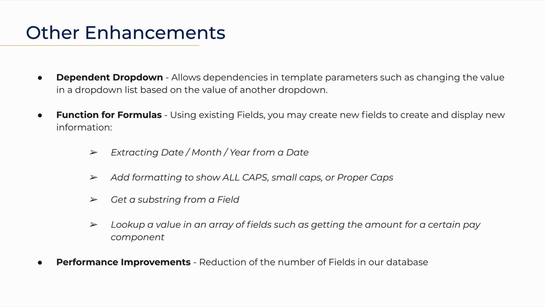Next to that, we do have a lookup function that allows getting data from an array of fields. So in SuccessFactors, there are some entities that contain unstructured data, such as pay components. So you would have pay component 1, pay component 2, 3, 4, 5, and then you would have fields called amount 1, 2, 3, 4, 5, then currency or units 1, 2, 3, 4, 5.